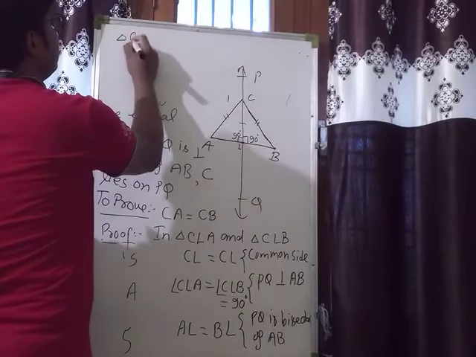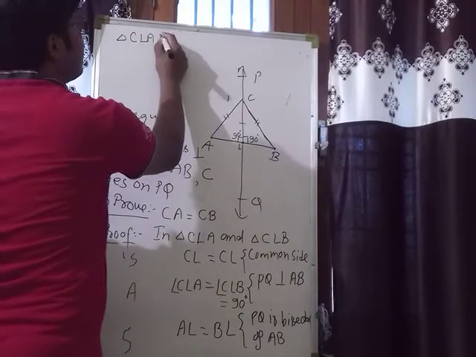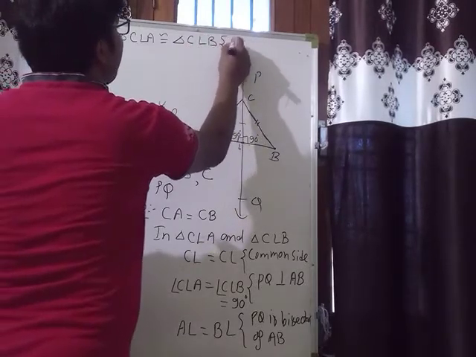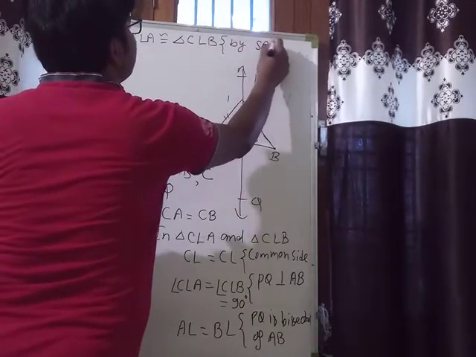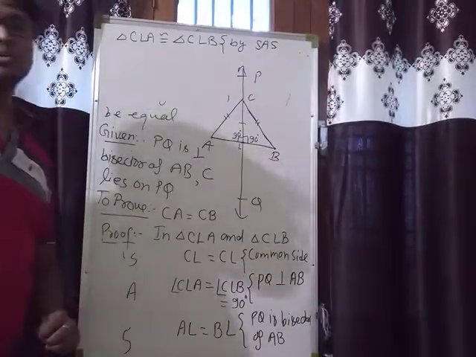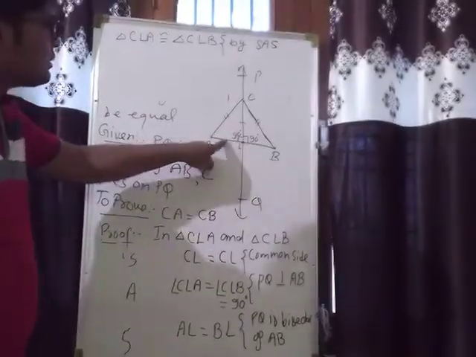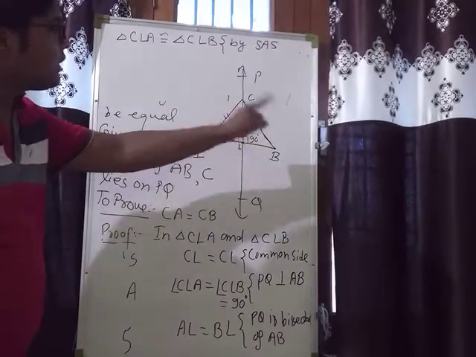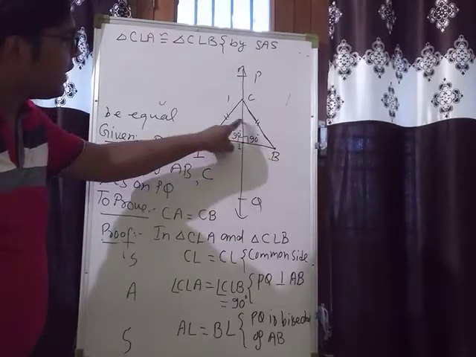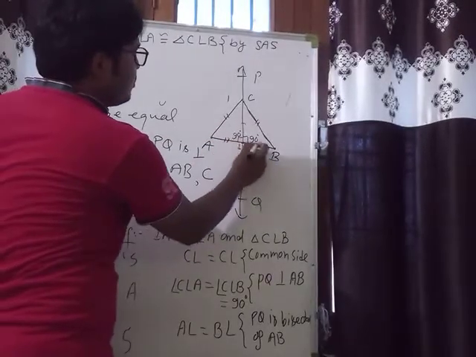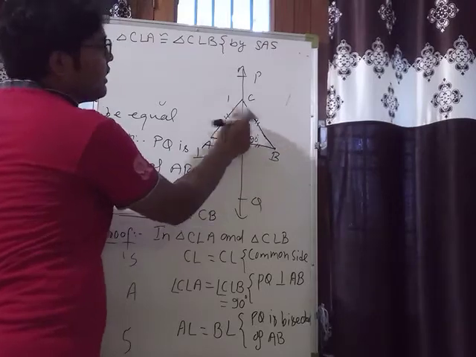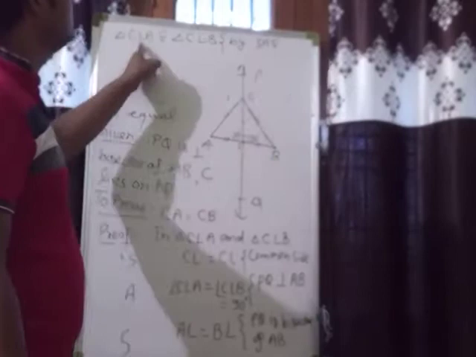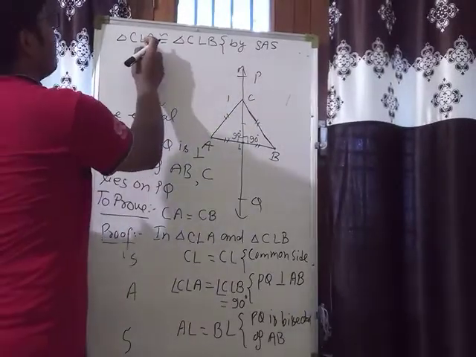So triangle CLA is congruent to triangle CLB by SAS congruency rule, because two sides and included angle of one triangle are equal to corresponding two sides and included angle of another triangle. Then by SAS congruency rule, these two triangles are congruent.